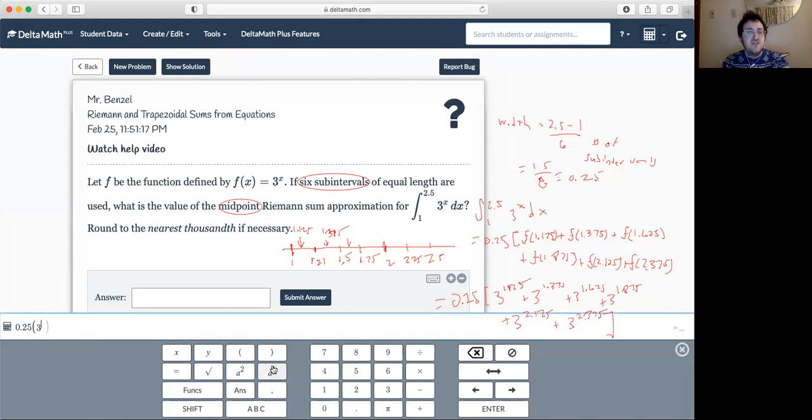So you're going to do 3 to the 1.125 plus 3 to the, or you could do the caret key as well, 1.625 plus 3 to the 1.875 plus 3 to the 2.125 plus 3 to the 2.375.